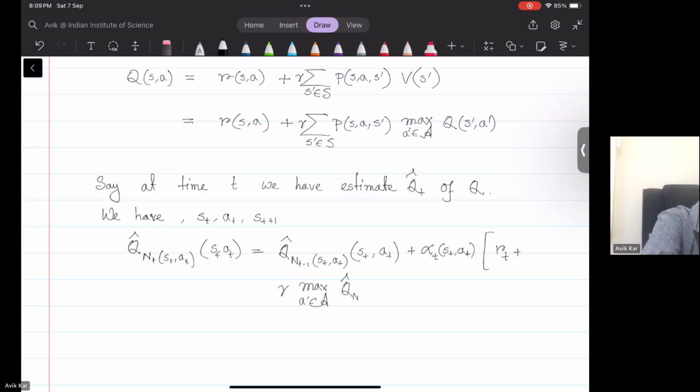Q hat t at s_{t+1}, a prime, minus max over a of q hat t at s_t, a. So q hat t at s_{t+1} and all. Let's now go there. q hat t minus 1 at s_t.